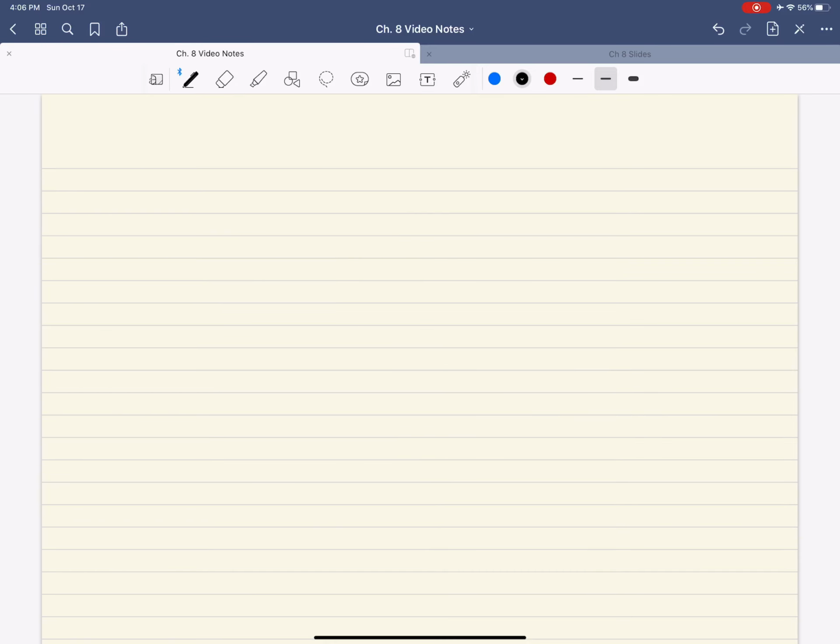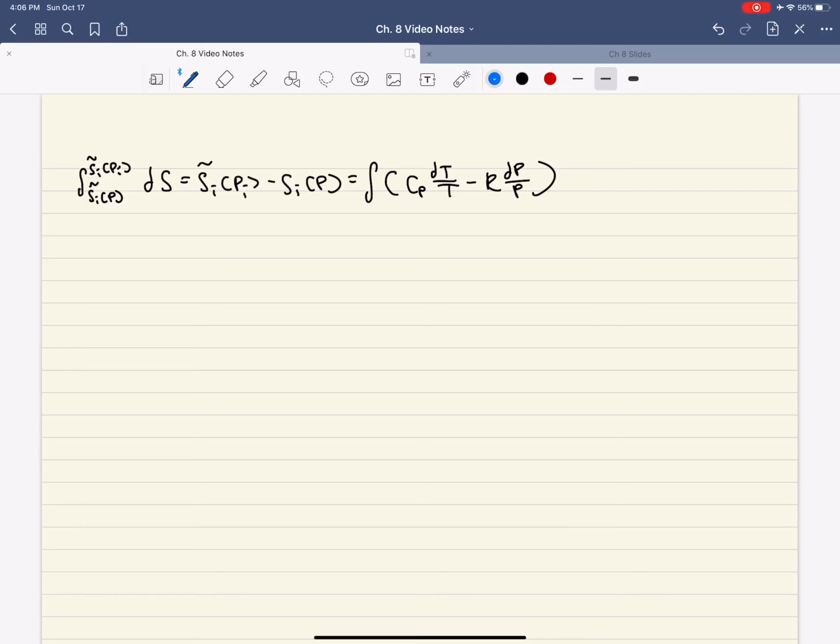What we want to figure out is Si at P minus Si at Pi. To figure that out, we're going to integrate the fundamental entropy equation so that we get this difference. And on the right-hand side, we're going to be integrating this. We're dealing with a system at constant temperature, so that term goes to 0.